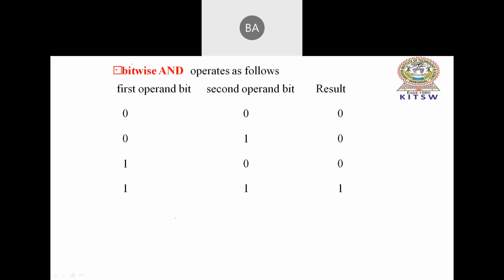If you take the bitwise AND operation, if the first operand bit is 0 and the second operand bit is 0, then the result will be 0. This is similar to the logical AND operation. If two conditions are true, then only the result is true.